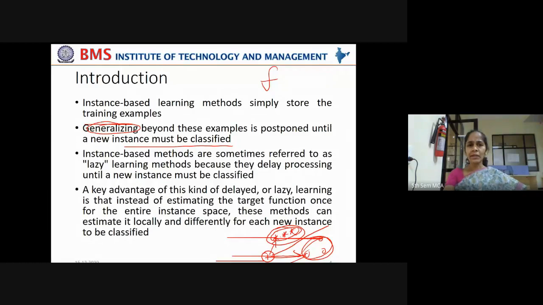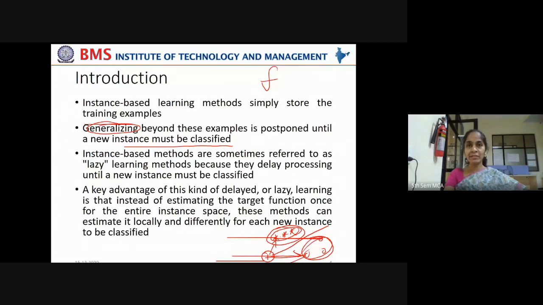Okay. Now, instance-based methods are sometimes referred to as lazy learning methods because they delay processing until a new instance must be classified. They don't start any processing at the storage phase. In the initial phase, it just stores all the training examples.